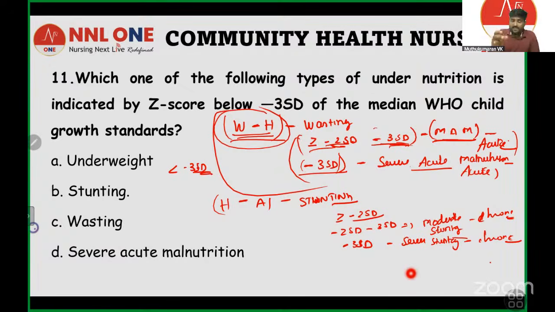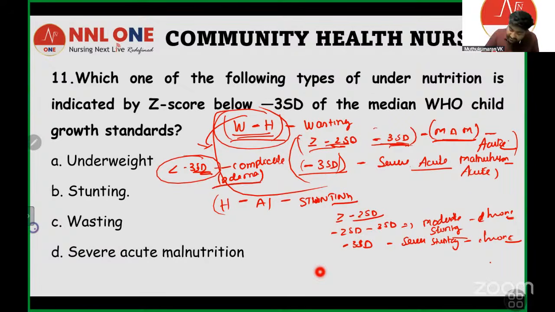If edema is present, then the acute malnutrition is complicated. That is for weight for height. Okay, just listen. I will summarize once more. Don't be afraid or confused. If it is less than minus 3 SD and edema is present, then the acute malnutrition is complicated. Edema present, important keyword, important.